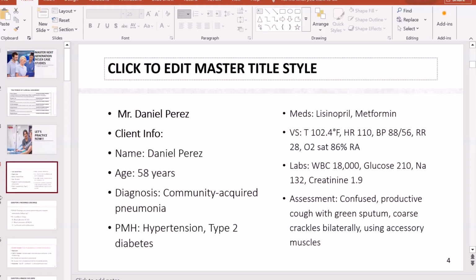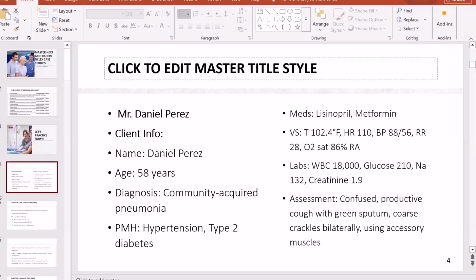So this is a case study. Let me show you. Look at the interface for this case study. When you see your screen, you can see case study 1 of 6. You have the nurse's notes. You tap it so you can see everything here for nurse's notes. And then you have your question.